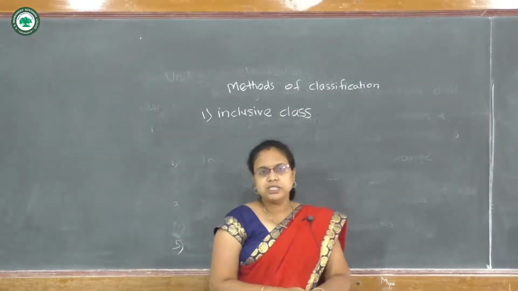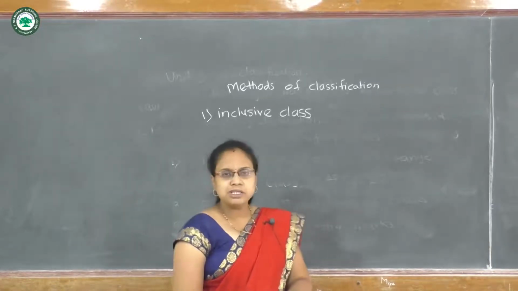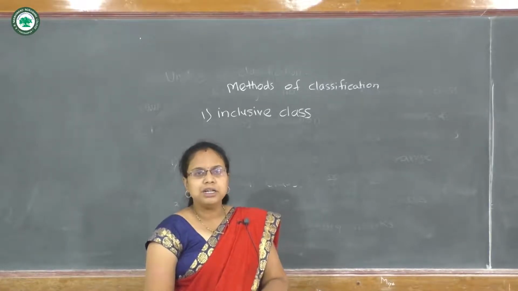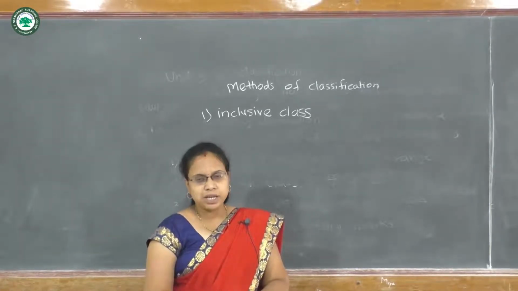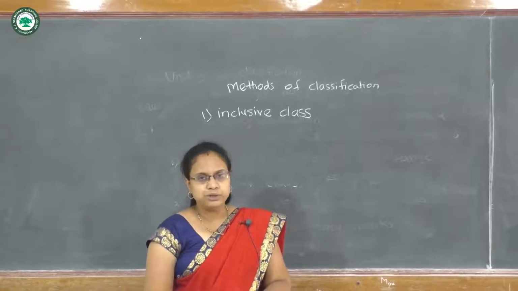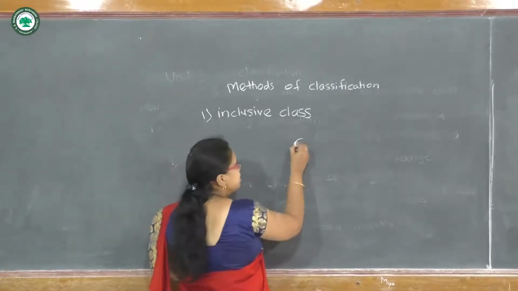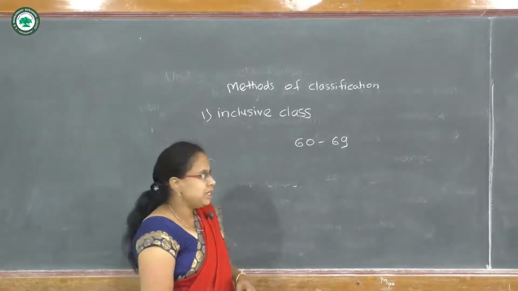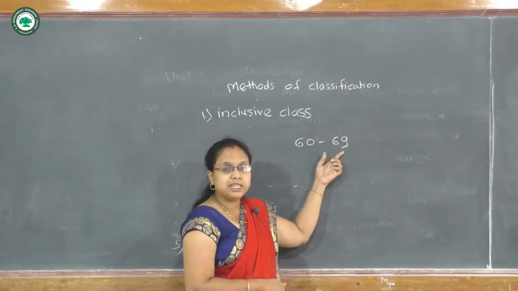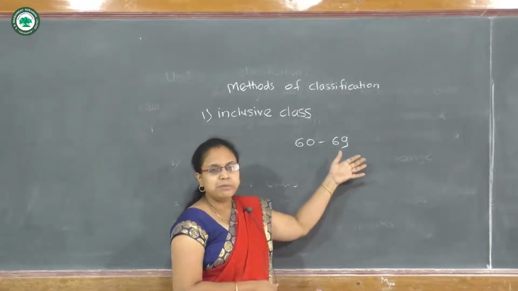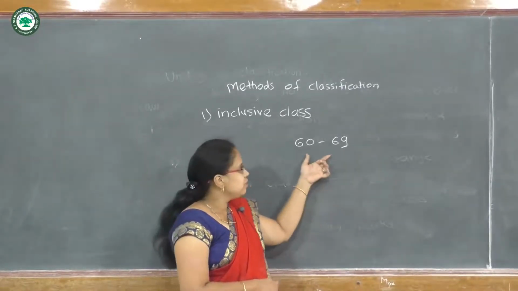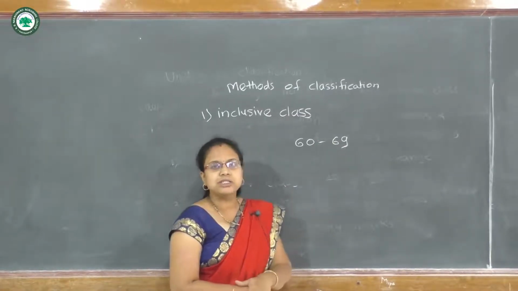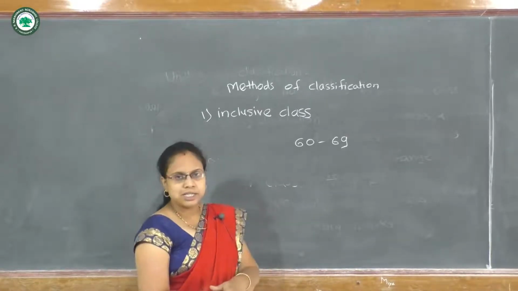Inclusive classes means that if the upper limit is included in the same class, then it is called an inclusive class. For example, suppose this is a class, then the upper limit is 69 and it is included in the same class while making the tally marks. So we will include this upper limit in the same class. So this is called inclusive classes.